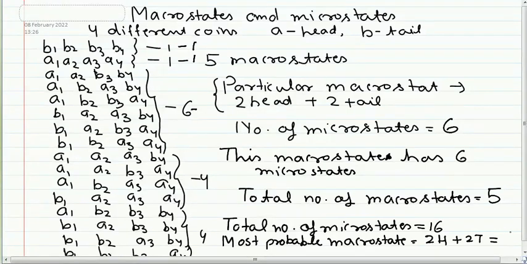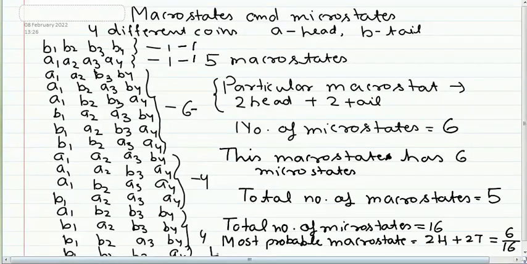Probability is defined as the number of events divided by the total number of events. It is 6 by 16, which cancels by 2 to give 3 by 8. So this is the most probable macrostate.